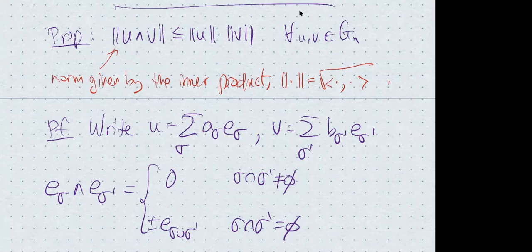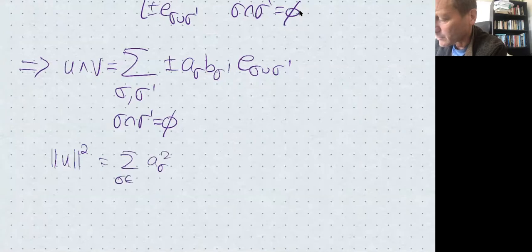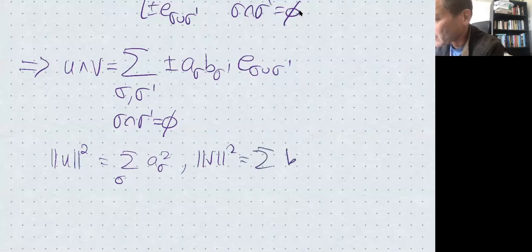Yes. Okay. So this means that the norm of U squared is the sum over sigma of A sigma squared. The norm of V squared is the sum over sigma prime of B sigma prime squared.